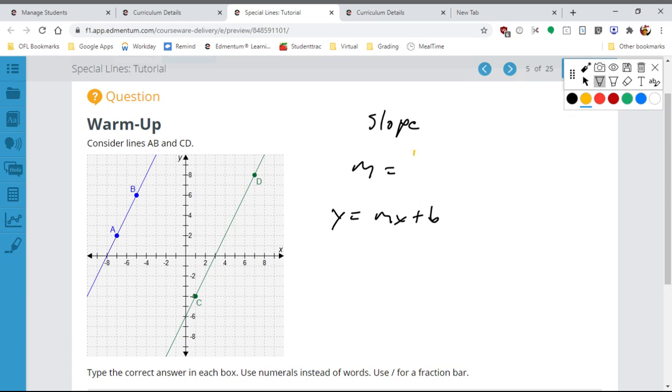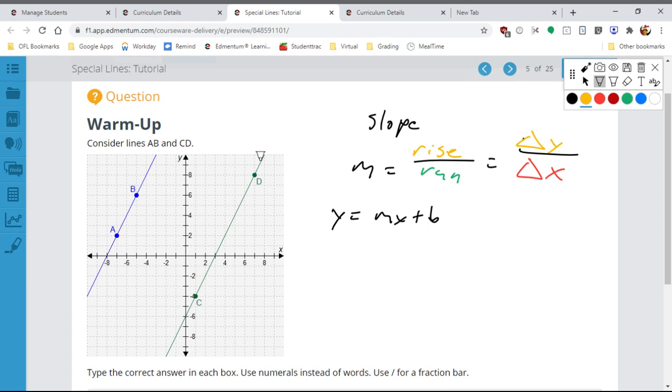Slope is also known as our rise over run. It's our change in rate. How are we changing? By rising and running. Rising is how much we go up for every unit we run. This is also known as the change in y divided by the change in x. How much of the y changes every time we change the x?